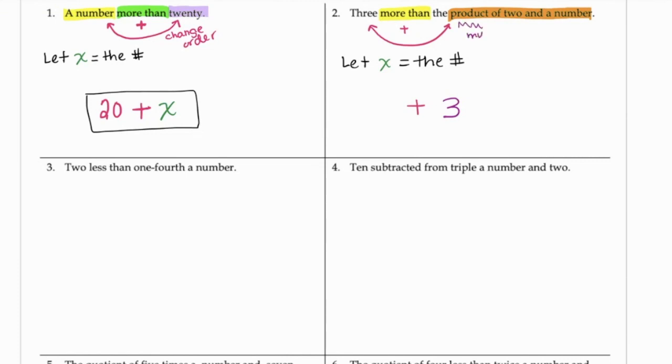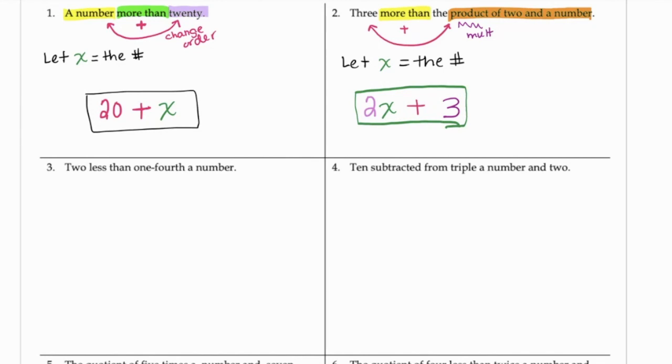Product means you're multiplying. So what are we multiplying? Product of 2 and a number. So we're doing 2 and the number, which in this case is X. So we have the product of 2 and a number, we're adding 3. Or, as they gave it to us, 3 more than the product of 2 and the number.